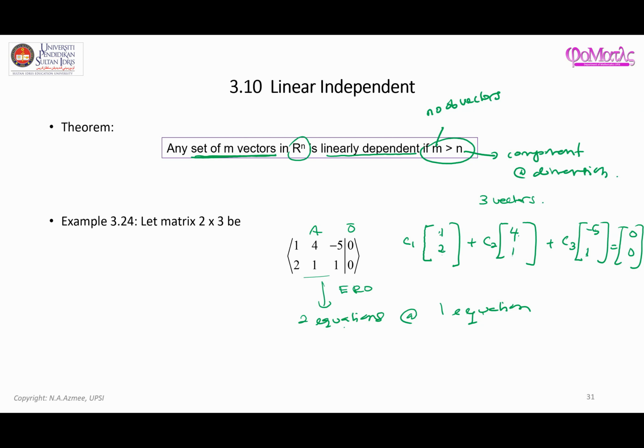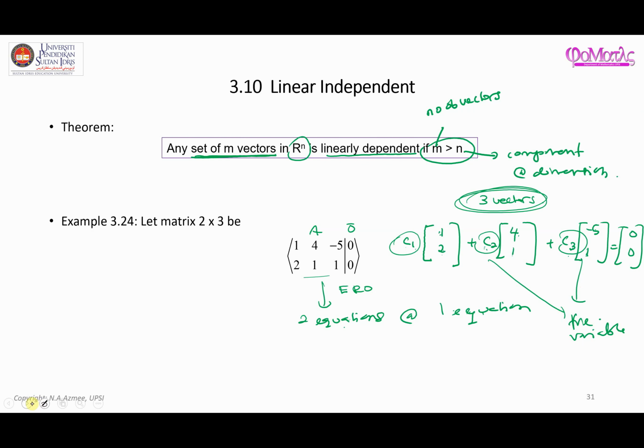And because of that, since you have a smaller number of equations to be considered, but you have 3 unknowns to be solved, therefore we can expect that one of these variables will be what we call a free variable, so it can take any value.